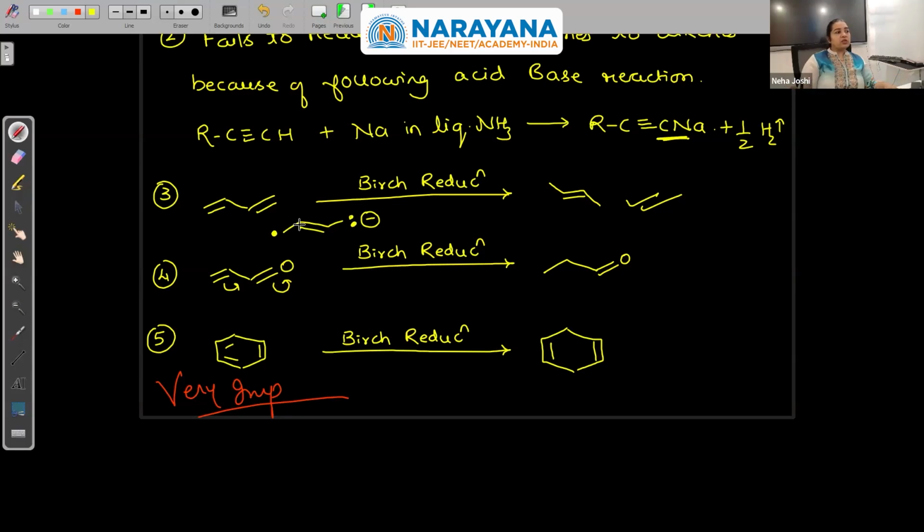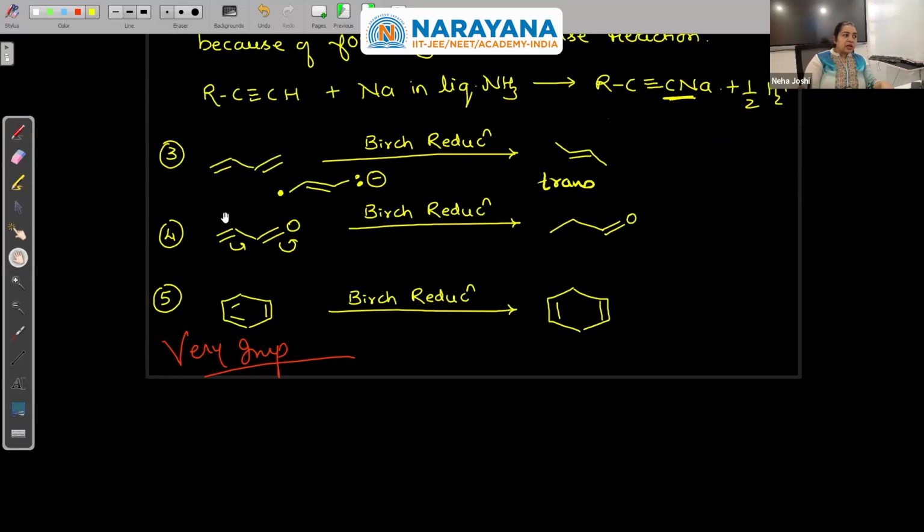So by resonance, this is formed, and then this one is formed. Again, to have maximum distance and minimum repulsion, it will have an anti arrangement, and therefore you have a trans-alkene formed, trans-2-butene. Instead of just saying 2-butene, I will say it is trans-2-butene.